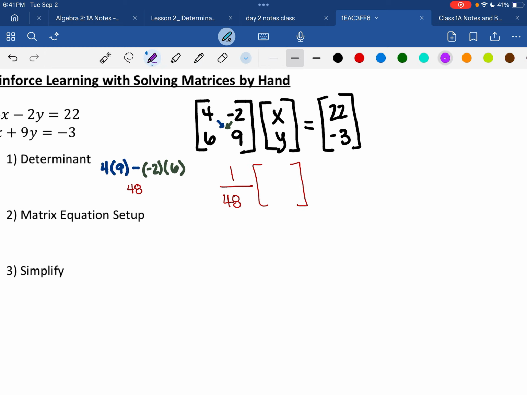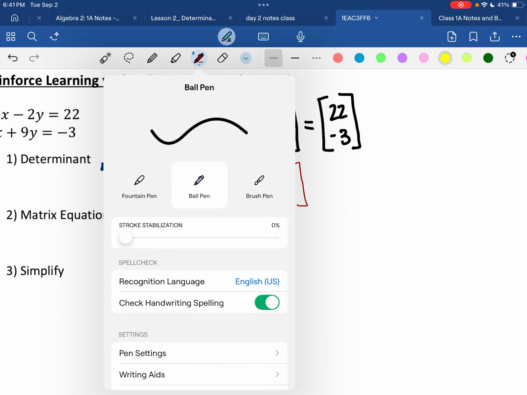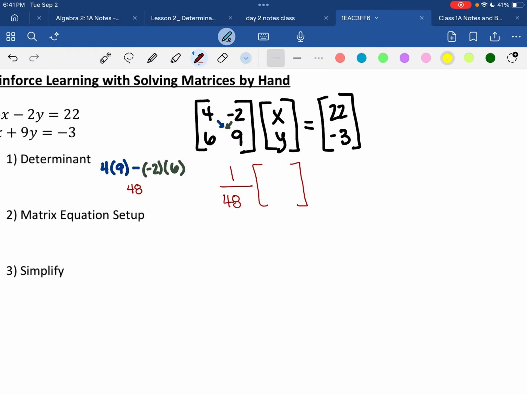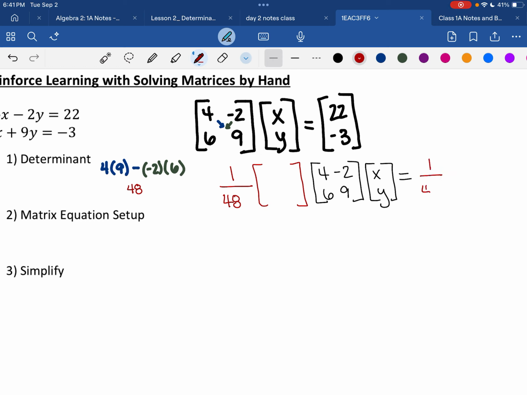And then my original work is going to be 4, negative 2, 6, 9, x, y, equals, and then what I did on the left side, I also have to do on the right side of the equation. So it's going to be my 1 over my determinant.